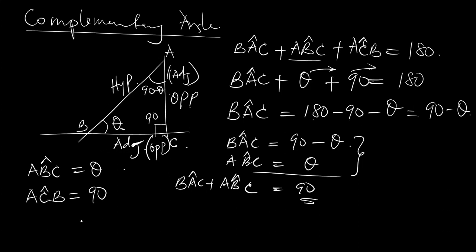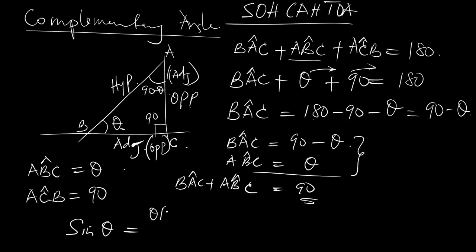Now, if you say sine theta, which is equal to, using what we call SOHCAHTOA, opposite all over the hypotenuse, because the opposite of this angle is this.